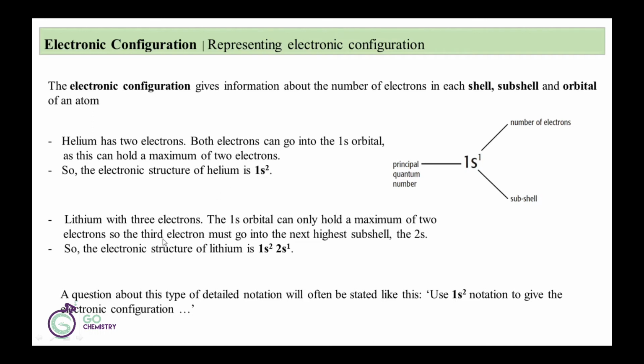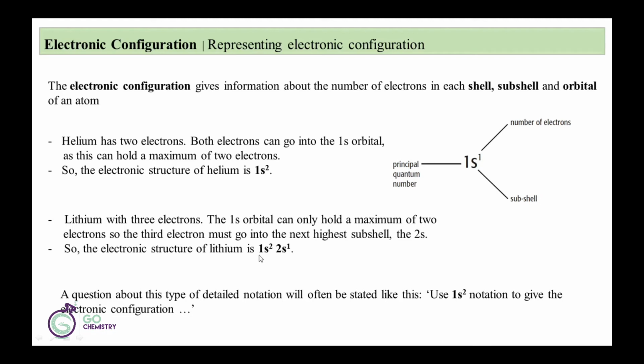And for lithium, which contains 3 electrons, its electronic configuration will be written as 1s2, 2s1, which means that we will be filling the first subshell with 2 electrons, followed by the 2s subshell. Since lithium has only 3 electrons, the first subshell will be filled with 2 electrons, then the second one, which is 2s, will be filled with only 1 electron.